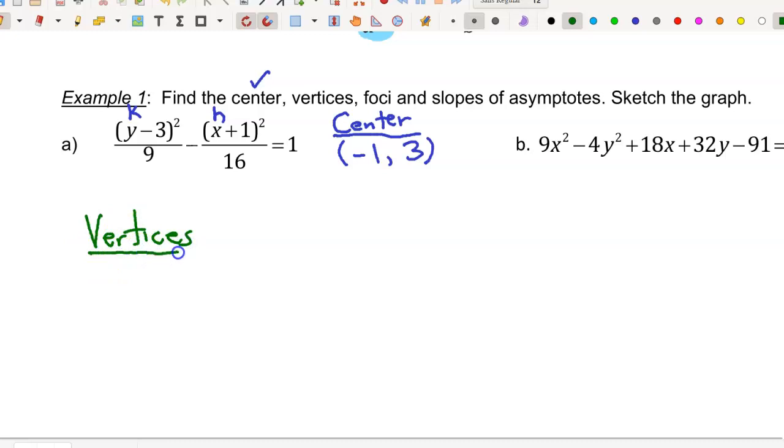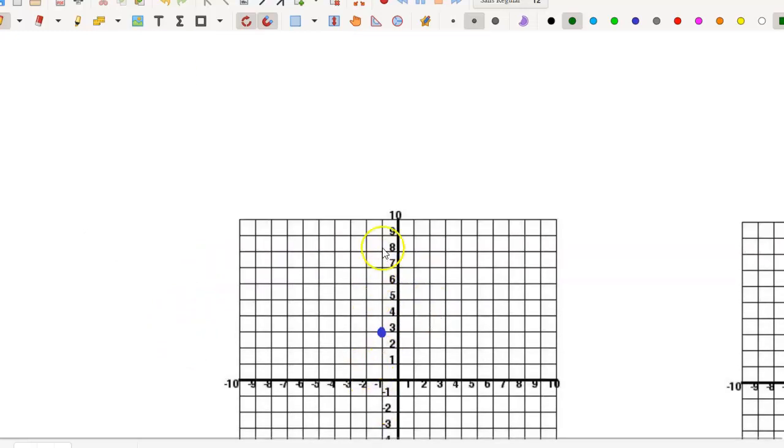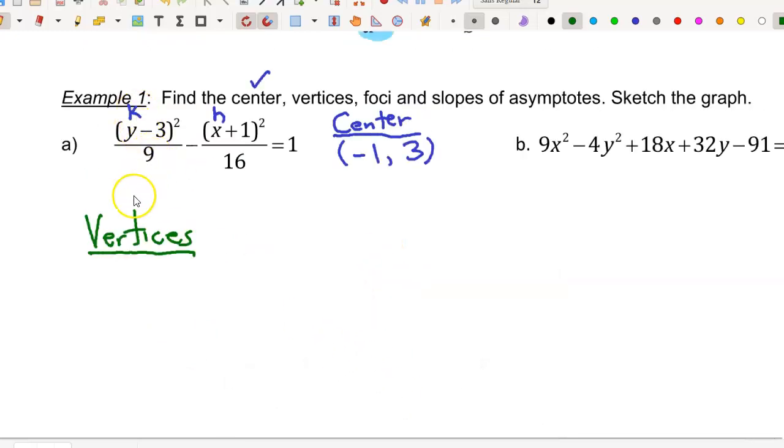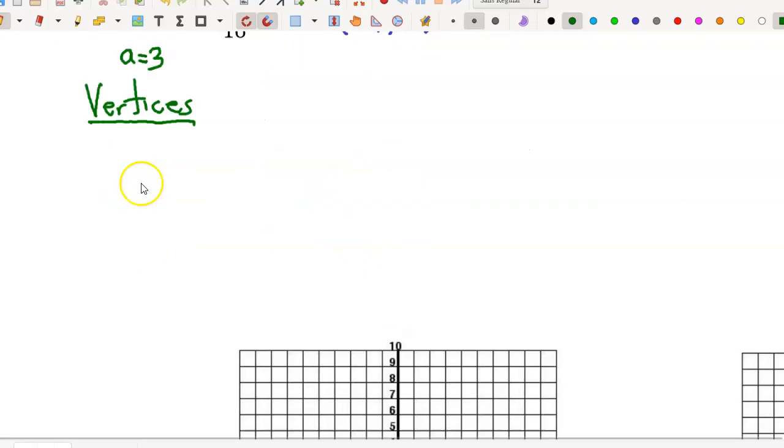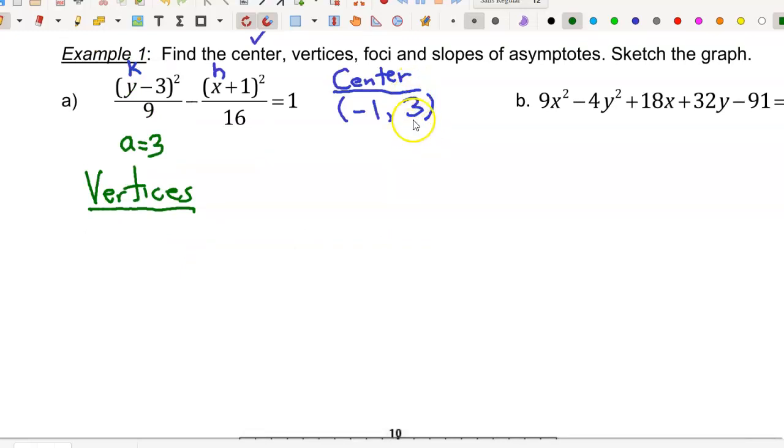Vertices. Okay. And that's going to be done just using, remember it's on the major axis, which is always A, so that's going to involve this right here. So if A squared is 9, you know A is 3. And since we're opening up and down, because Y is first, I just need to go up and down 3 from my center point, right?